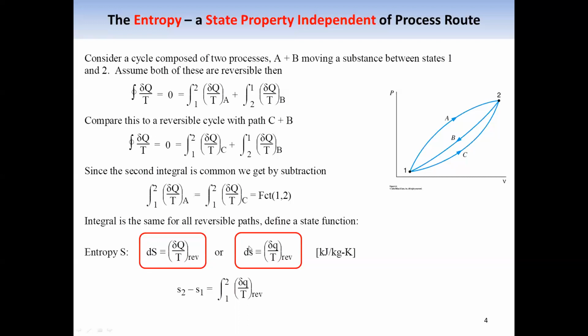Lowercase s represents the specific entropy change. That means it's based on a per unit mass basis. It's like internal energy and enthalpy. We also have total internal energy and specific internal energy, similar in nature.